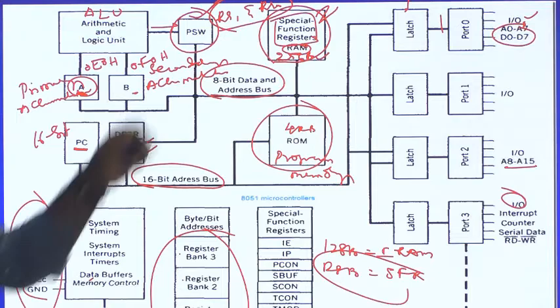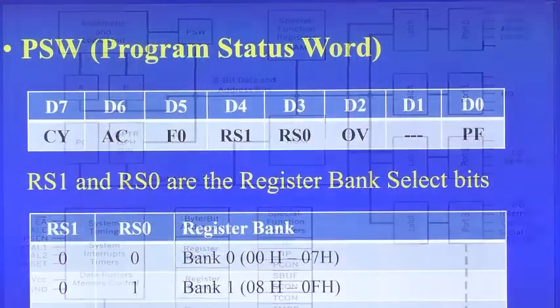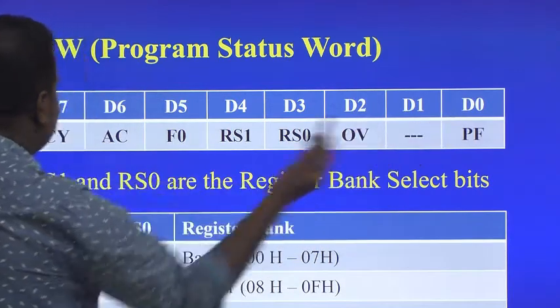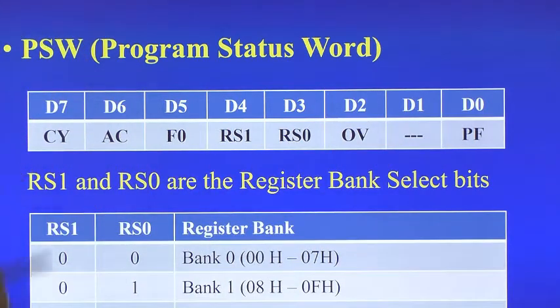Now we can go and see the structure of the PSW. See here, friends, this is the structure of the PSW, program status word. In this program status word, the size is 8 bits, D0 to D7. Out of 8 bits, 7 bits are defined and 1 bit is not defined. In these 7 bits, 4 bits are related to mathematical flags, or conditional flags, or status flags.